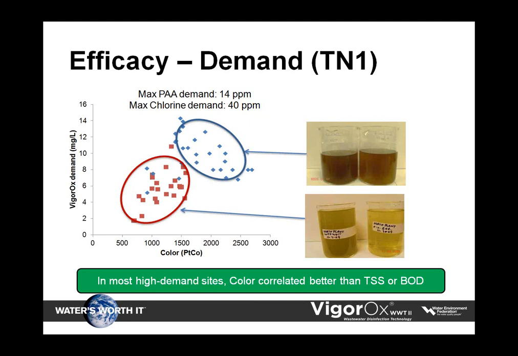A Vigorox pilot was conducted at this plant and demonstrated a strong correlation between color and PAA demand. There was no correlation with TSS. The same phenomenon was observed in other high-demand sites like Washington 1 and Minnesota 1. The bottom line here is that demand may have different sources in different plants.